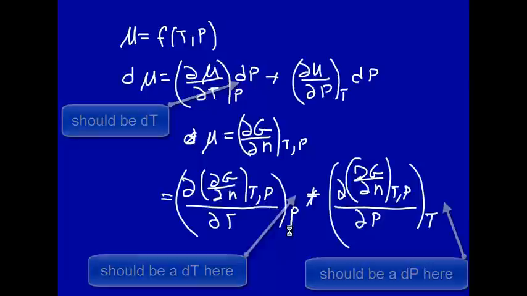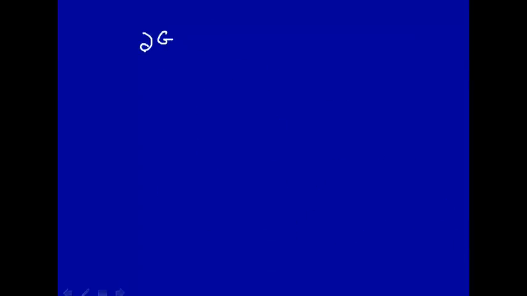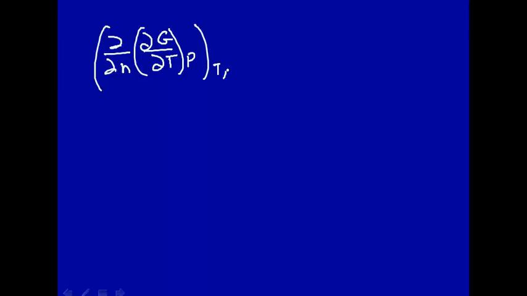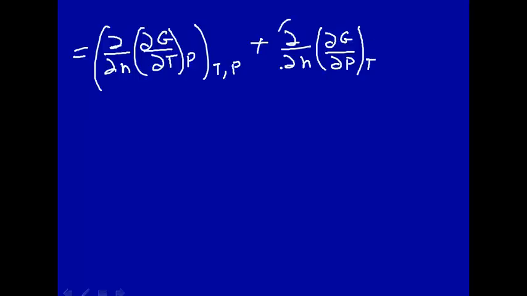So we can rewrite this equation as how G changes with temperature at constant pressure and number of moles, and then how that changes with N at constant temperature and pressure, plus the derivative with respect to N of how G changes with pressure at constant temperature, then how that changes with N at constant temperature and pressure. And this would be a dT here, and this would be a dP. So we just switch the order of differentiation.